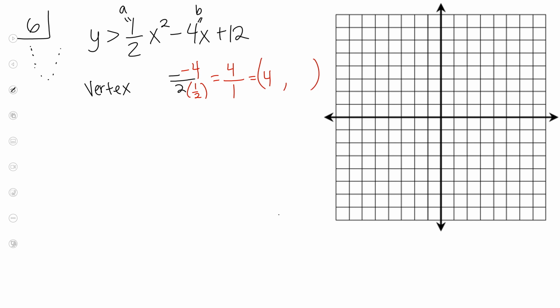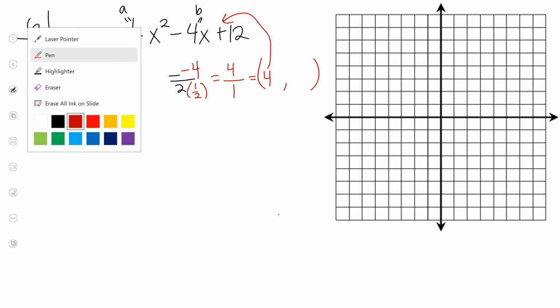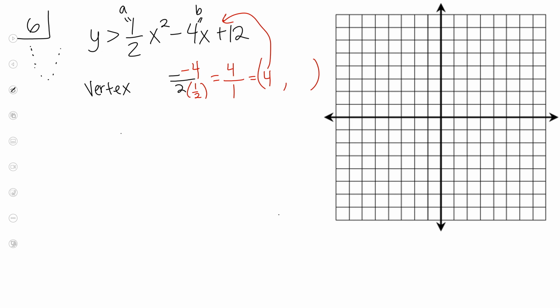Let's find the y value of my vertex. We're going to plug 4 into this original problem. So I have 1/2 x squared minus 4x plus 12. We're going to plug in a 4. And let's evaluate this. 4 squared is 16.